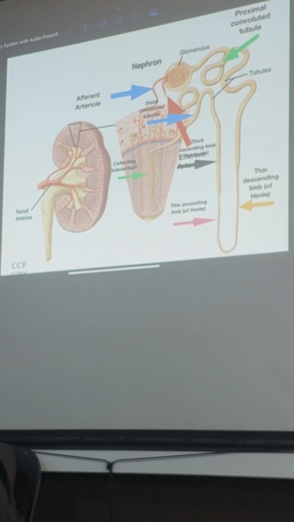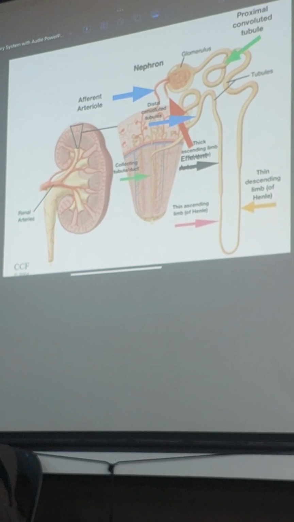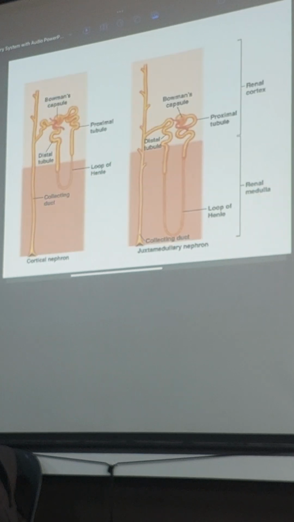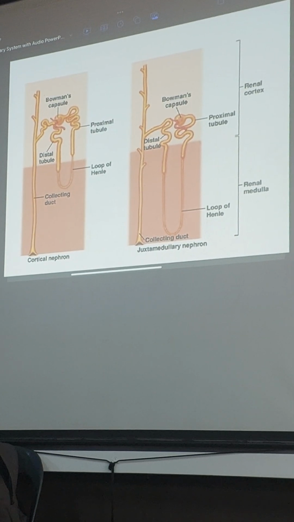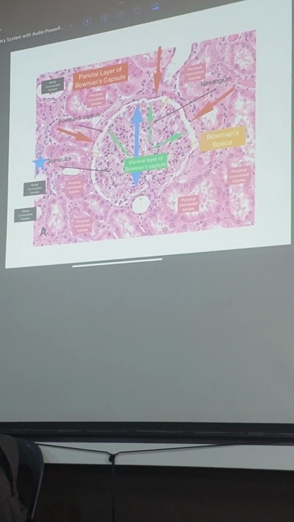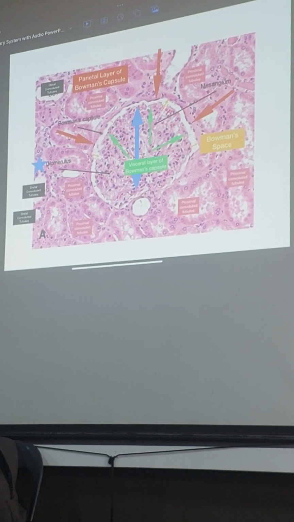The tubules consist of the proximal tubule, the loop of Henle, the distal convoluted tubule, the collecting tubules, and ducts. And we have different types of nephrons, but I want to show you the actual structure of a glomerulus, of a glom.